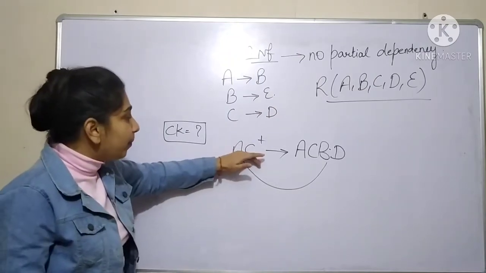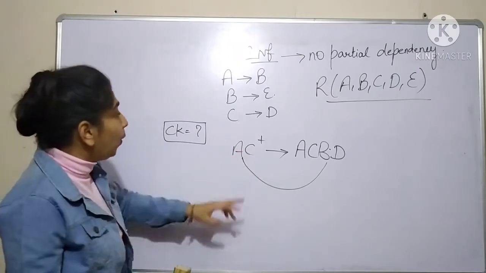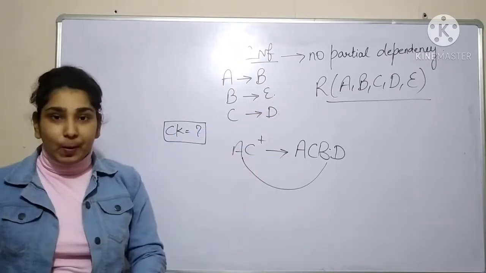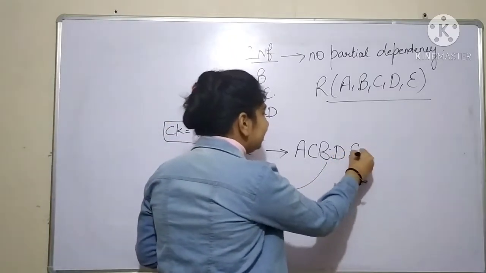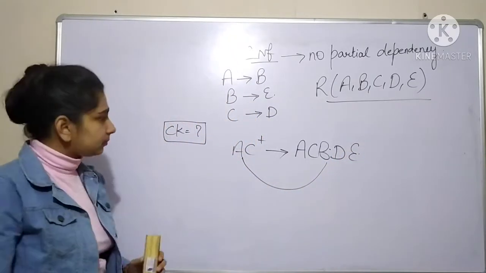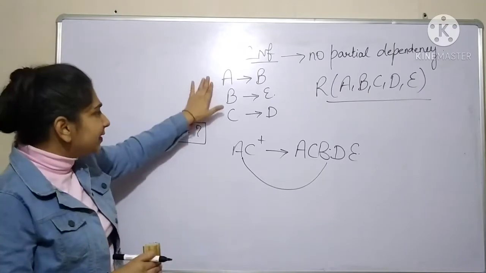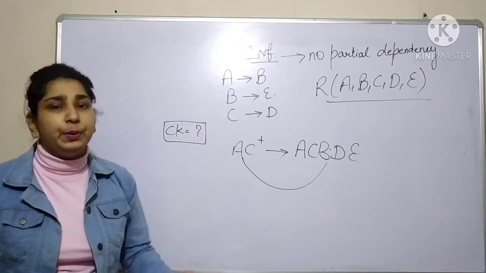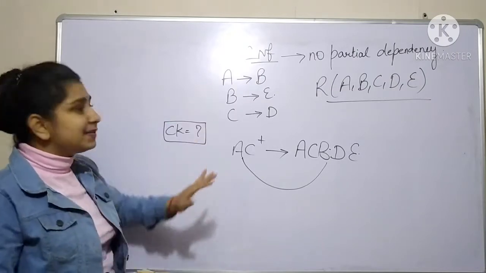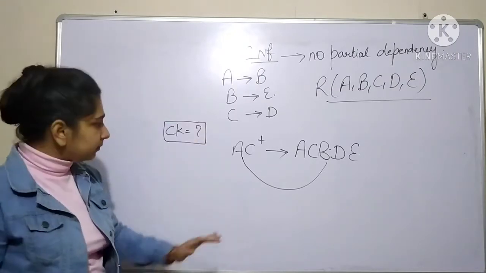With the help of AC we are also able to determine attribute E. We have discussed all these concepts of functional dependency in the last videos, very clearly.